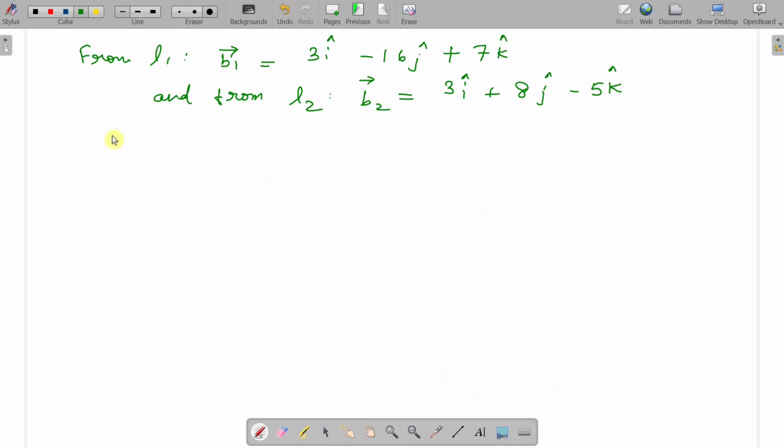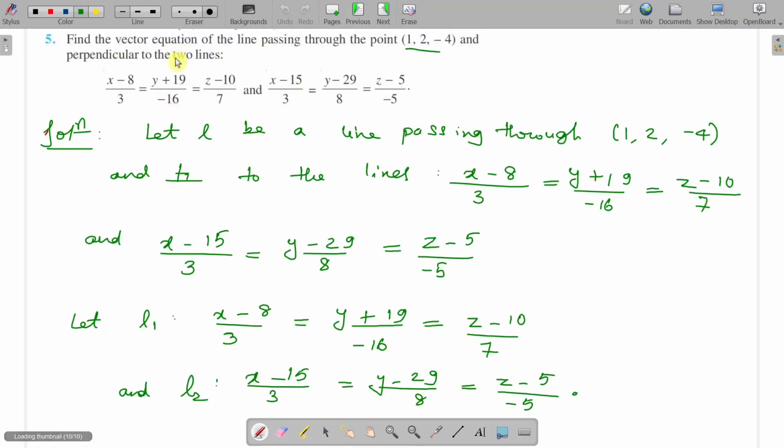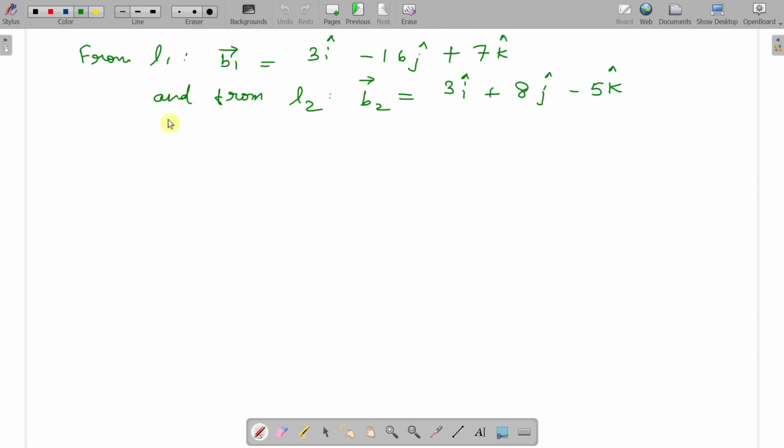Now see, since the required line is perpendicular to both lines L1 and L2, the line L will be in the direction B1 bar cross product B2 bar, because you know B1 bar cross product B2 bar is a vector which is perpendicular to both B1 bar and B2 bar.